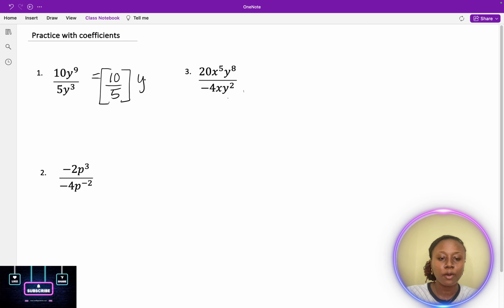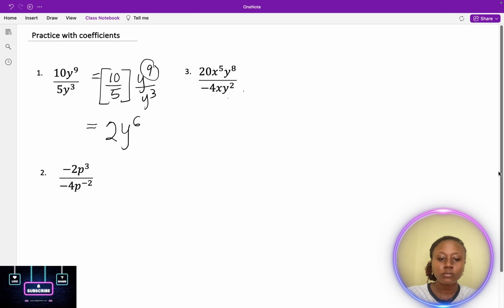Then we want to separate y to the power of 9 with y to the third power. Do we have the same bases? Yes. Are we dividing? Yes. So we can go ahead and apply the law. So 5 into 10 goes 2. Y to the power of 9 minus 3 is y to the power of 6.